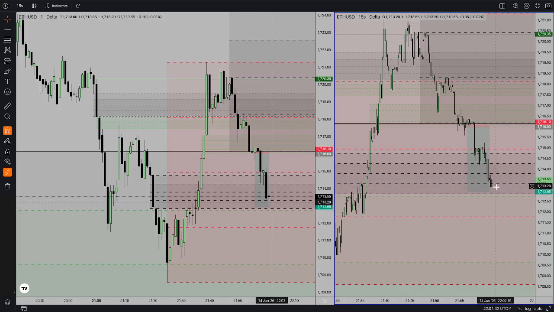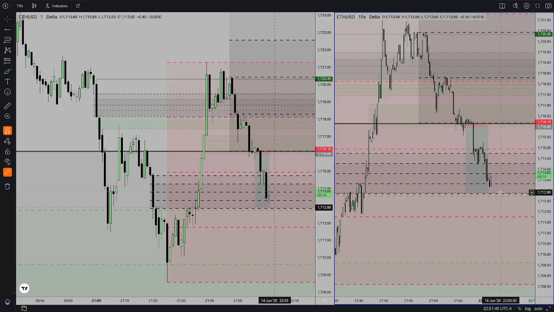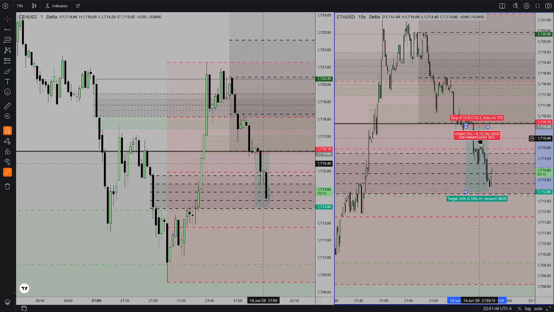Now it should repel from this and try to move downward towards this level if it's actually bearish. That's definitely not a good signature there. Right.